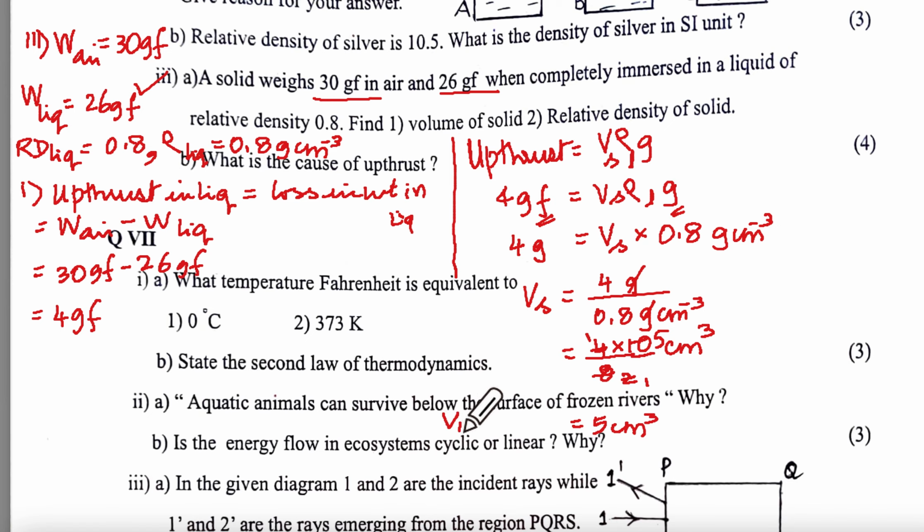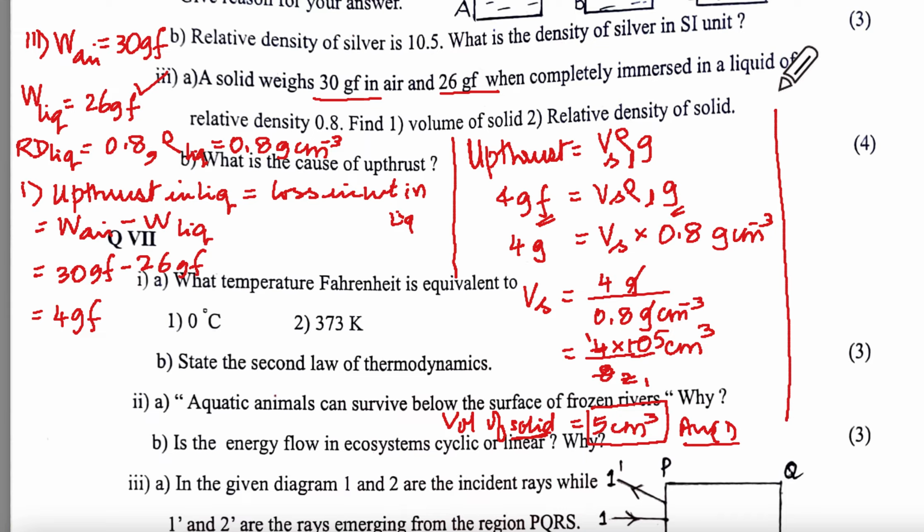This is the volume of the solid. Must check if they're using the word block or solid and write accordingly. So we got this. This will be for your 2 marks because it's a 4-mark question. What will we do for this? Relative density of solid.